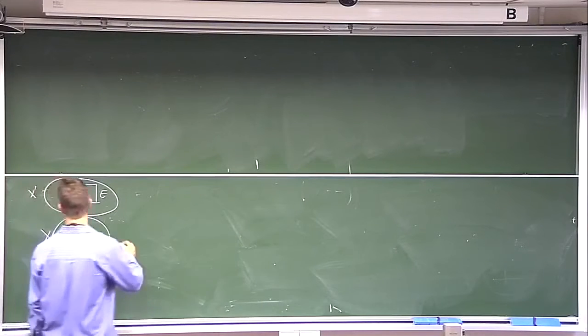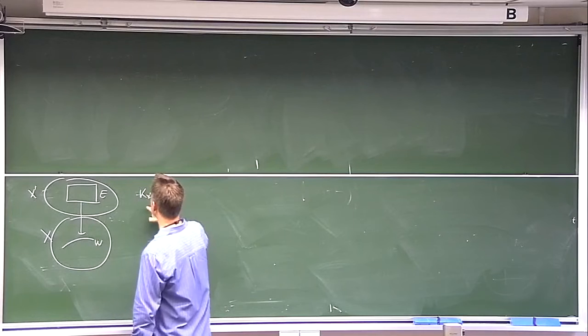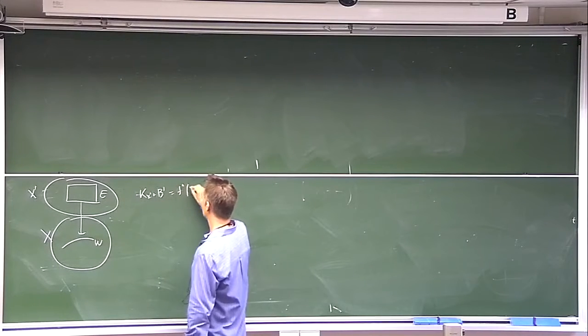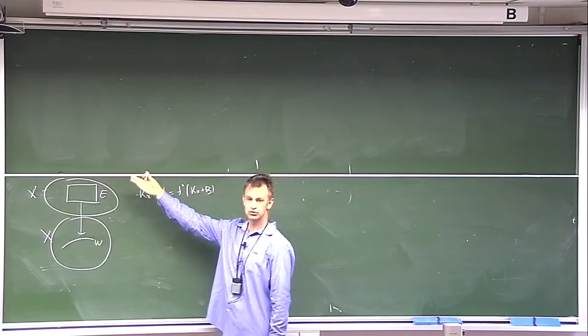So K_X' plus B', which contains E with coefficient 1, is the pullback of K_X plus B. So it's trivial for that map.